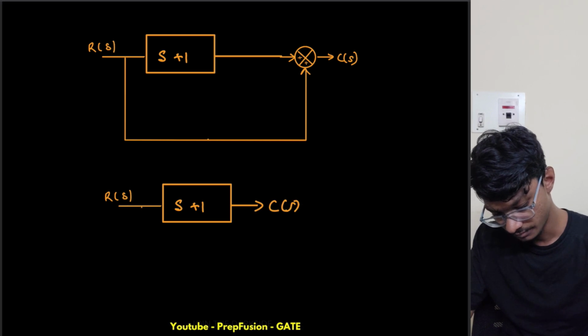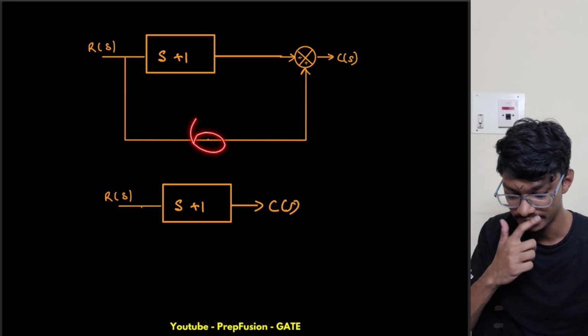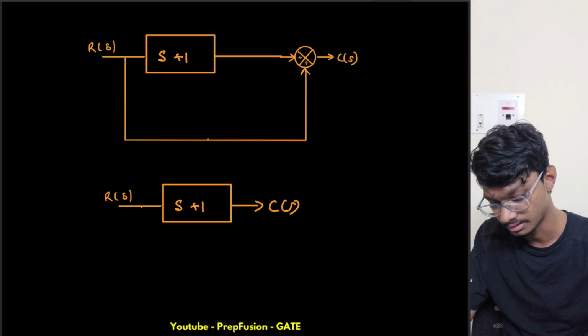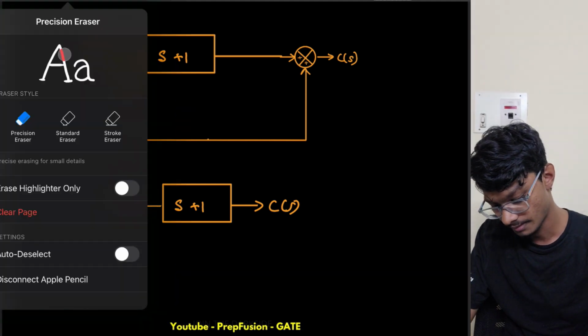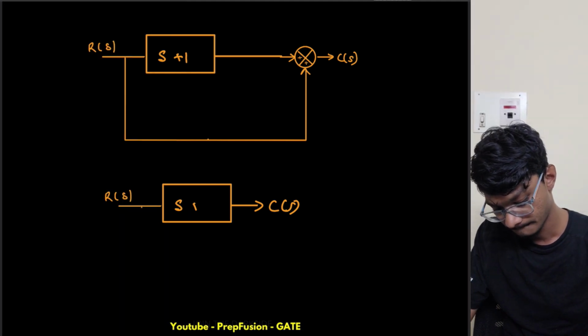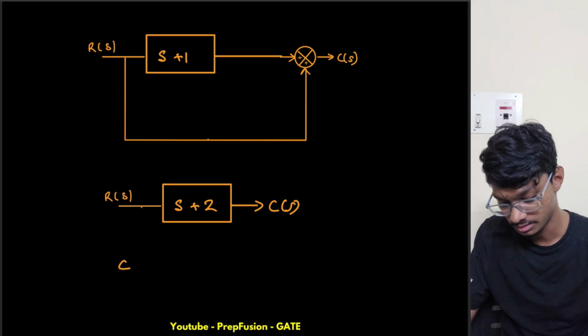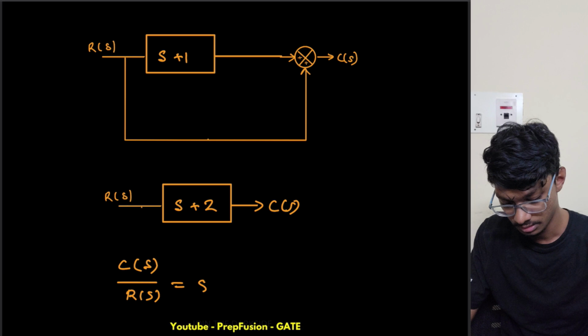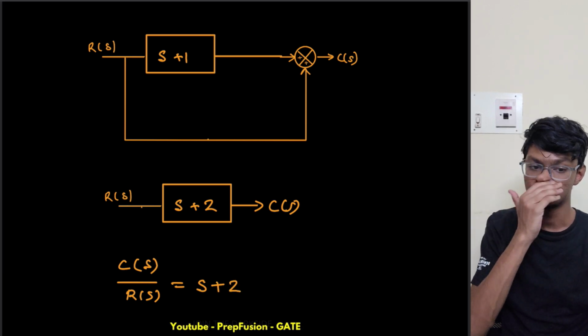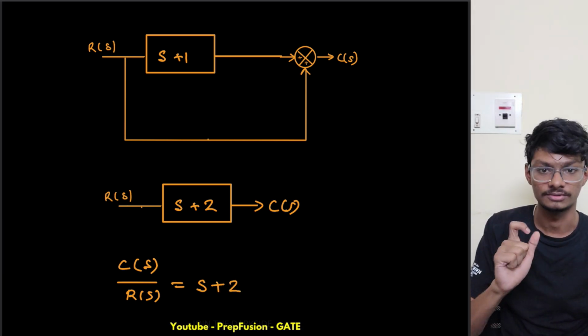This is C of S only, and in this block, simply 1 is getting added. They are connected in parallel. So, s plus 2. So what will be C of S upon R of S? C of S upon R of S will be s plus 2.